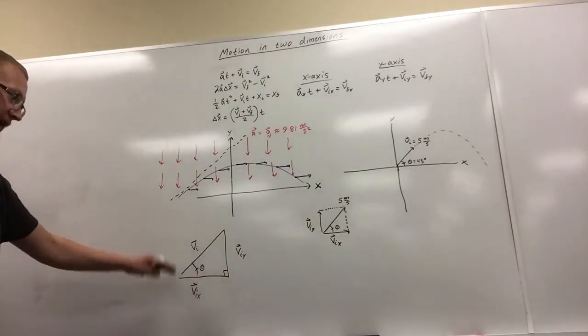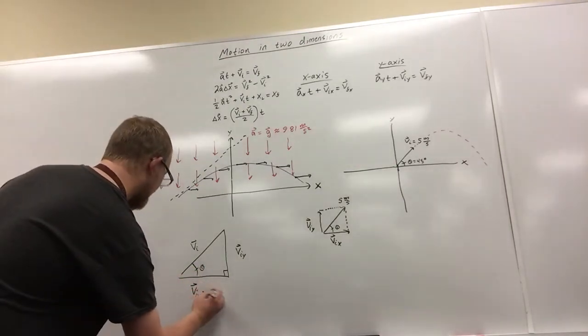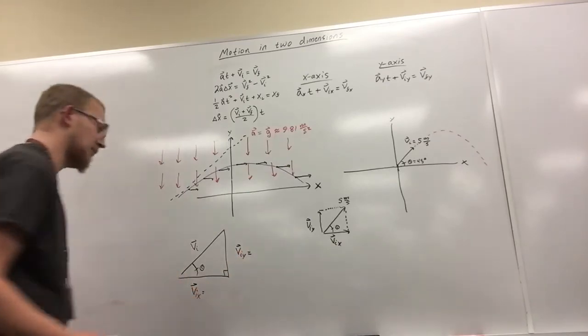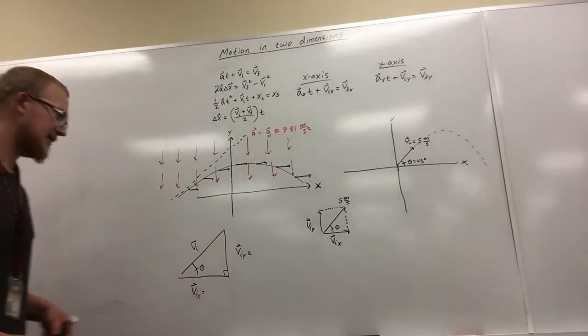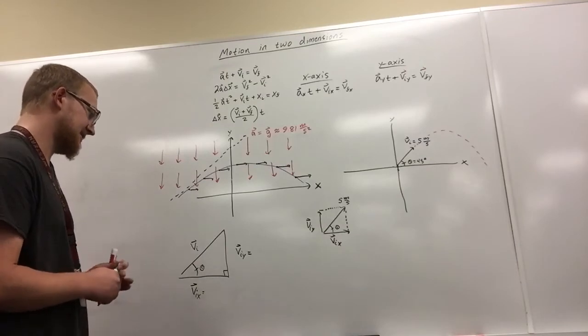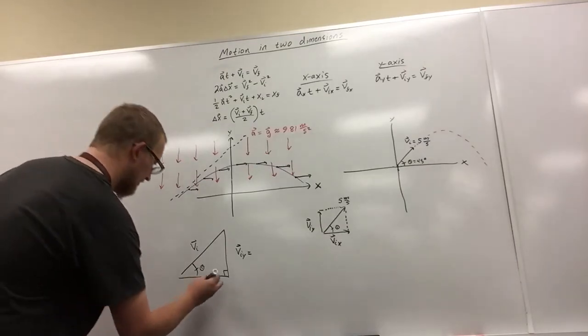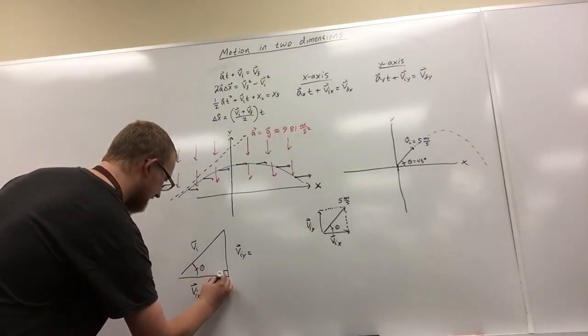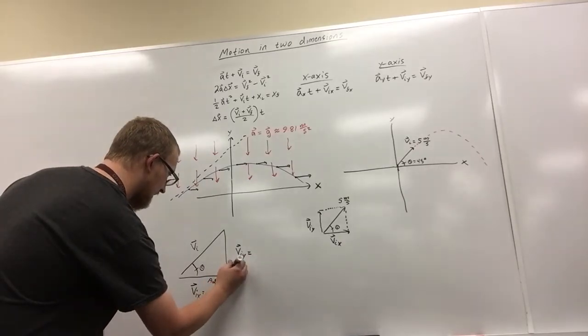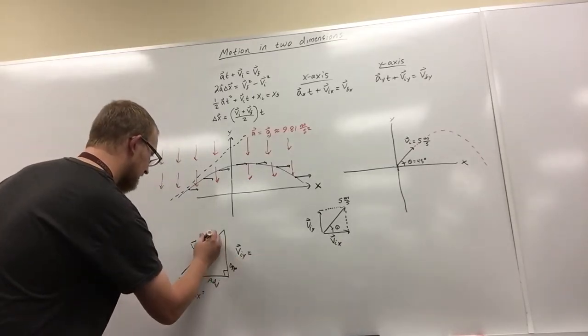To find VIX and VIY in terms of VI, we're going to use trigonometric identities. If you remember, this side is called the adjacent, this side is called the opposite, and this side is called the hypotenuse.